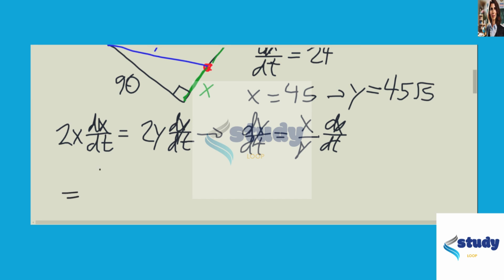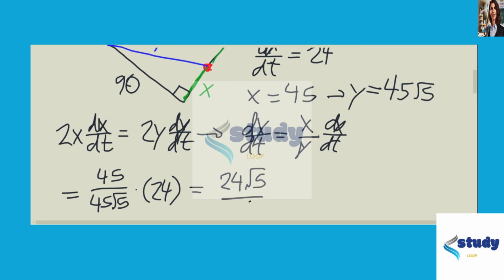Plugging in, this is 45 over 45 root 5 times positive 24. And this is equal to positive 24 root 5 over 5, and this is in feet per second.